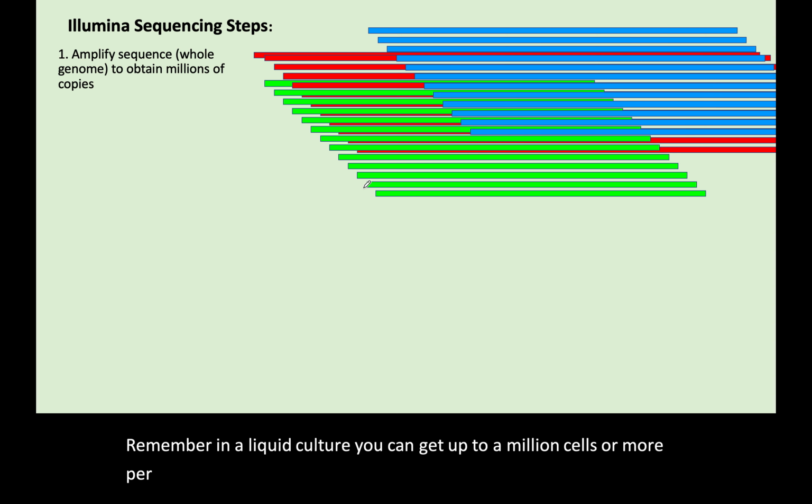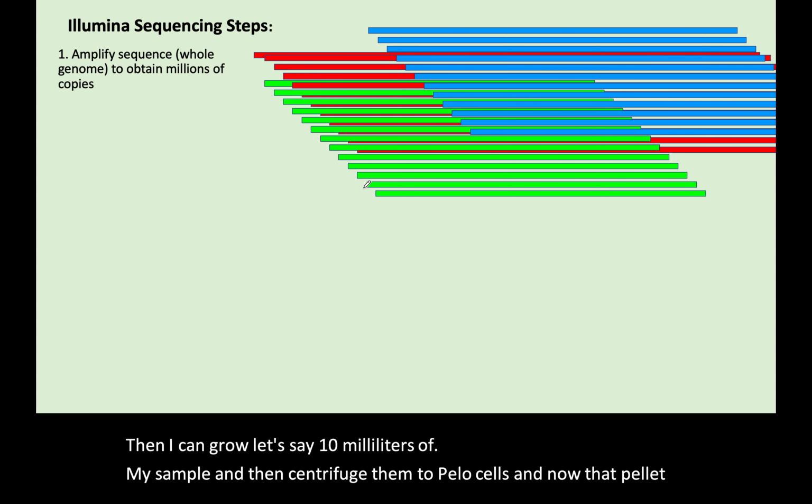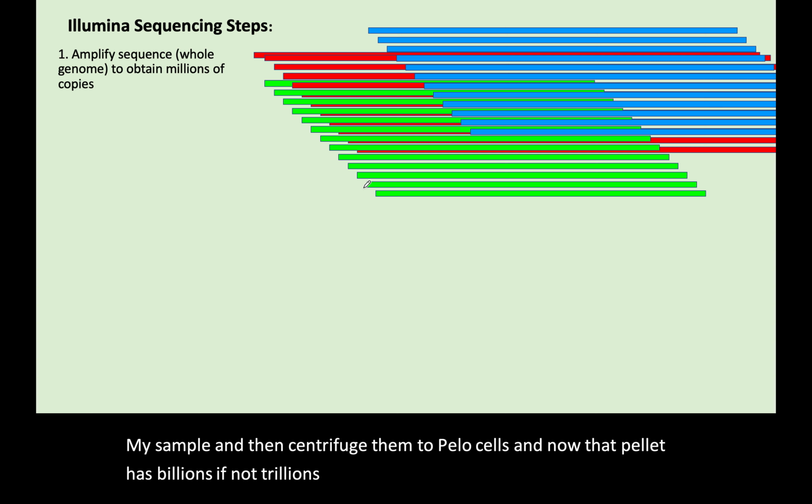So if I want a lot of copies of the genome and every cell has 1 copy, then I can grow, let's say, 10 milliliters of my sample, and then centrifuge them to pellet the cells, and now that pellet has billions, if not trillions, of copies of the genome.